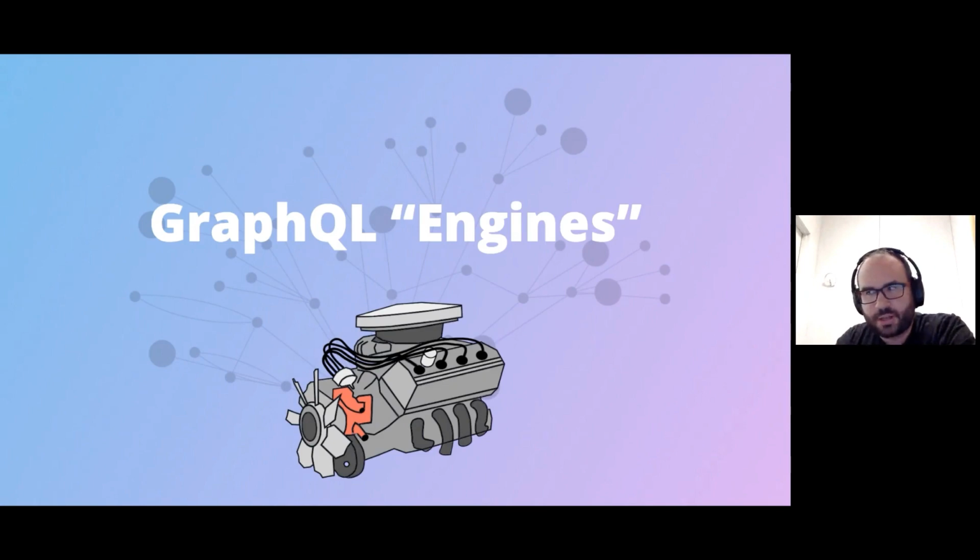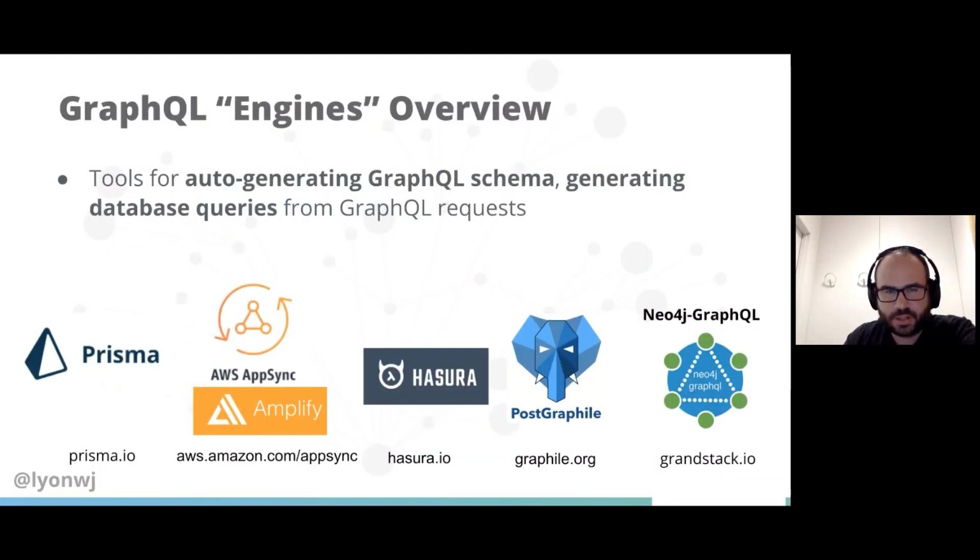So there's a class of tools called GraphQL engines that have come out to address some of these issues. Here's some examples. A lot of these are built on top of Postgres, or in the case of AWS AppSync, exposing AWS resources with GraphQL.